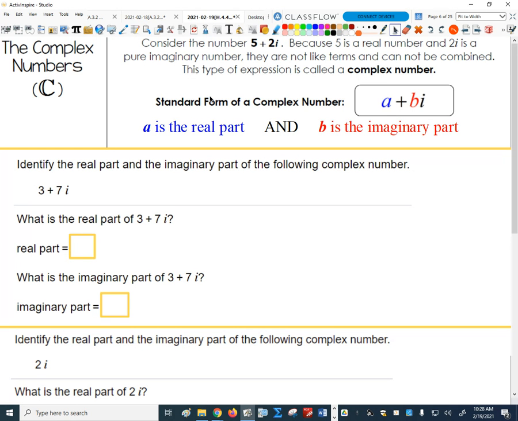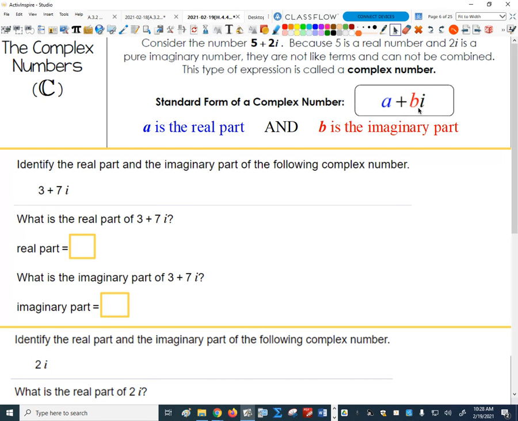Complex numbers can always be written in a standard form, which looks like this. They're written in the form a plus b times i, where a is what we call the real part of the complex number, and b is what we call the imaginary part. So all the numbers you've ever dealt with are complex numbers that have an imaginary part equal to 0, right? Because no i's have ever showed up in any of the numbers you've dealt with until today.